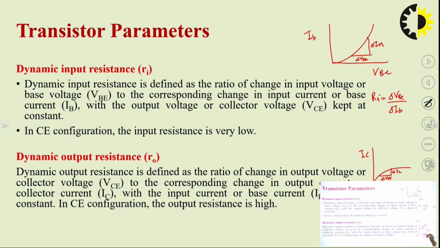From the graph we can see the value of delta IC is very small and delta VCE is very large. That's why output resistance will be very high. So common emitter has a low input impedance and high output impedance, and generally it is preferred for amplification purposes. Common base was not used for amplification purposes, it can only be used for high frequency applications.